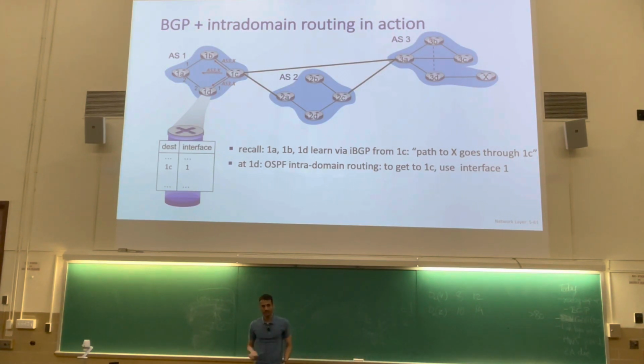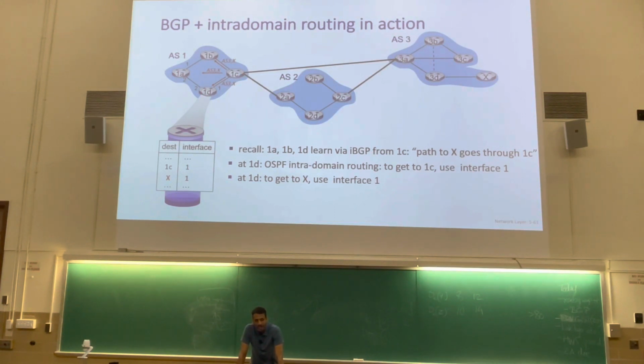For external destinations, in addition to intra-domain, we also need the inter-domain routing protocol. How does that work? Well, let's look at X. X is an example of an external destination from 1B's point of view. 1B is going to say, any packets destined to prefix X, I'm going to send on the outgoing interface 1, because that is the way for me to reach 1C.